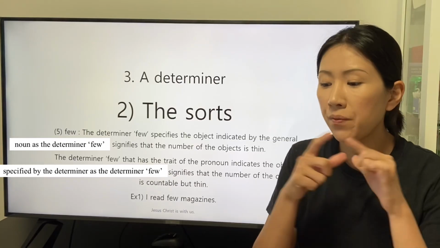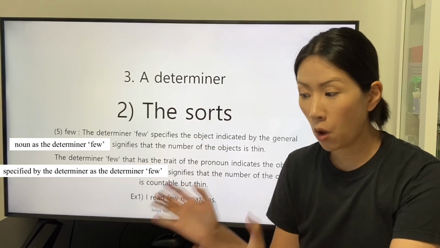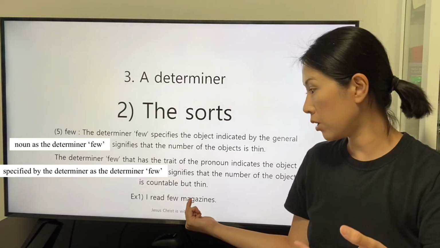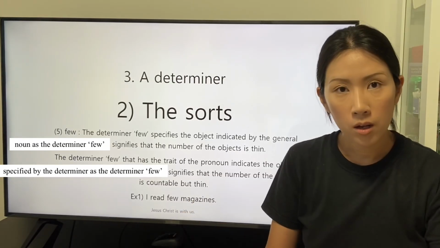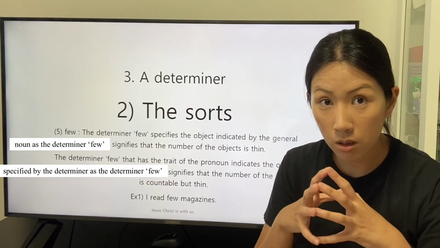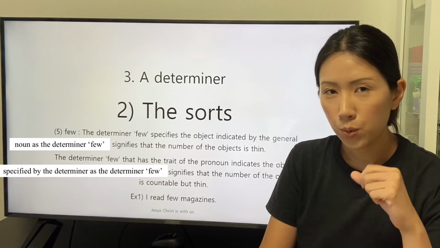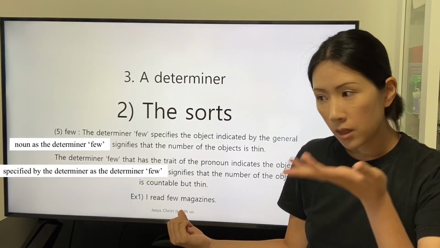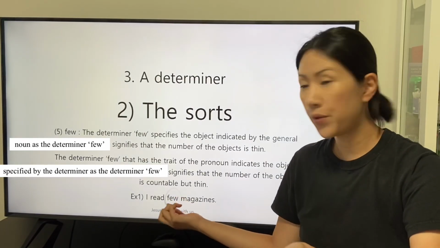And the speaker reveals that the number of the object indicated by the general noun magazine is small from the definition of the determiner few.